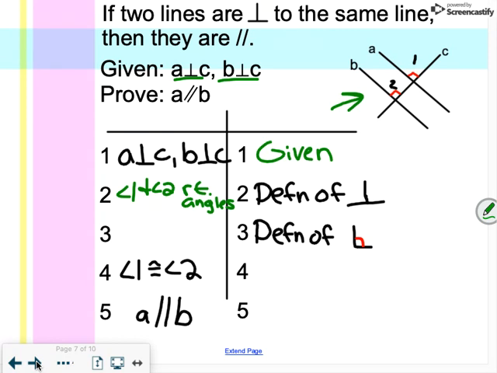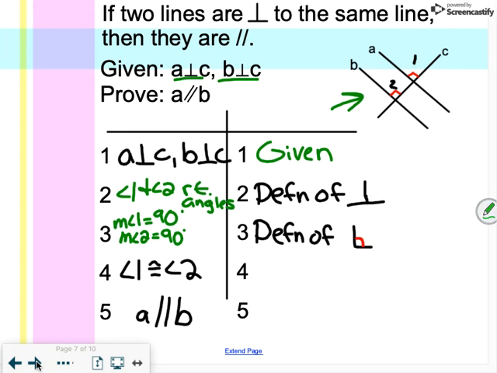Well, now let's think of that. What does it mean to be a right angle? Hopefully we know that to be a right angle, the measure of angle 1 has to equal 90 degrees. And that means the measure of angle 2 has to equal 90 degrees. So those two angles both equal 90 degrees.